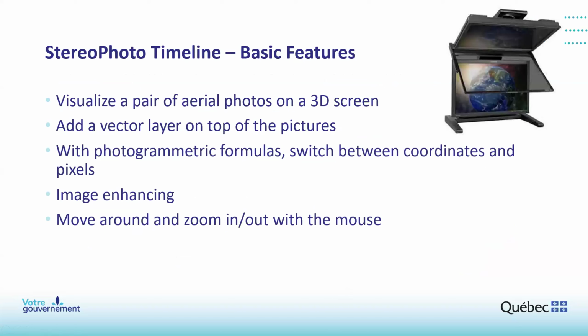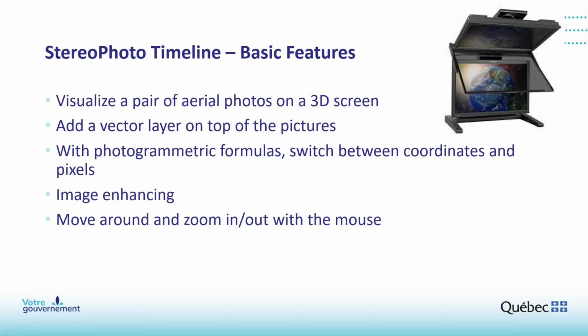So the first thing for photo interpretation software, the basic features required to see 3D on the type of screen you see in the presentation, is to visualize a pair of aerial photos on a 3D screen, and to add a vector layer on top of the picture, with photogrammetric formulas to switch between coordinates and pixels. It's essential that if we pick a pixel on a photo, we know where it is in the real world. So this is essential for the software.